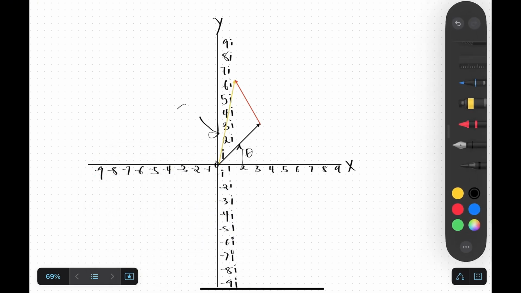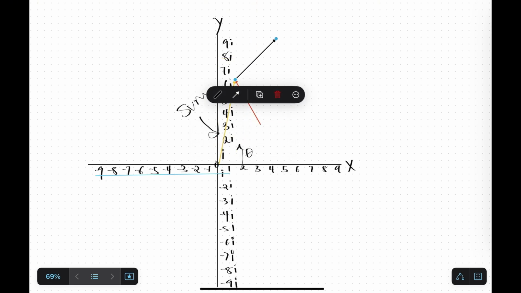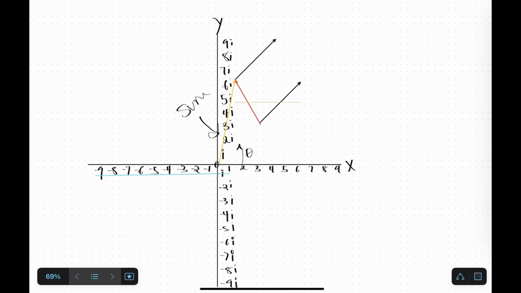Also, the direction of addition doesn't matter. We could have lined the black vector up tip to tail, drawn our sum vector, and it would still be the same vector as the other way.